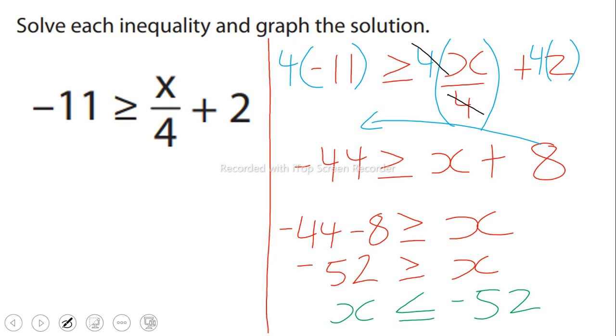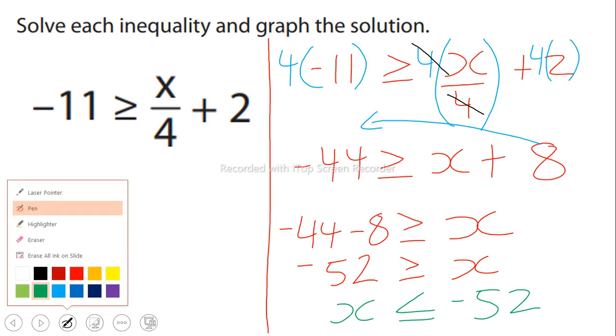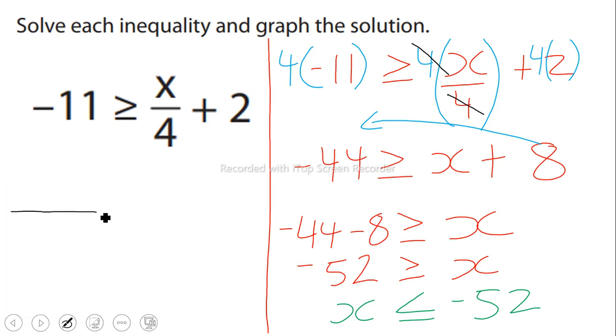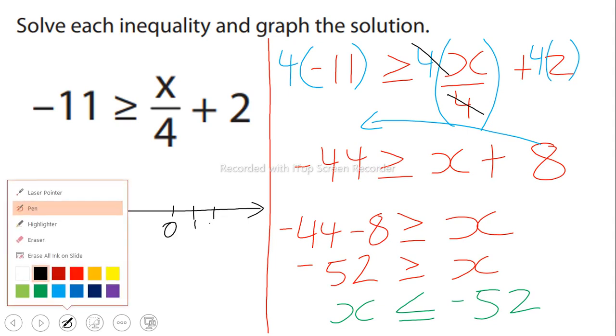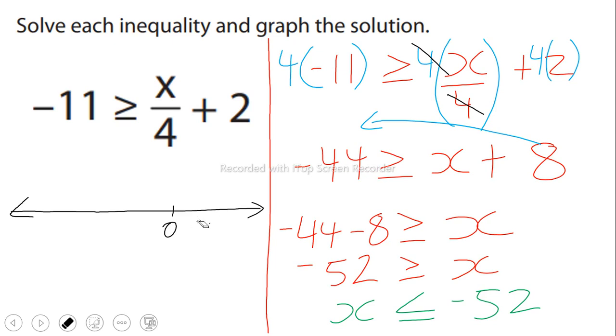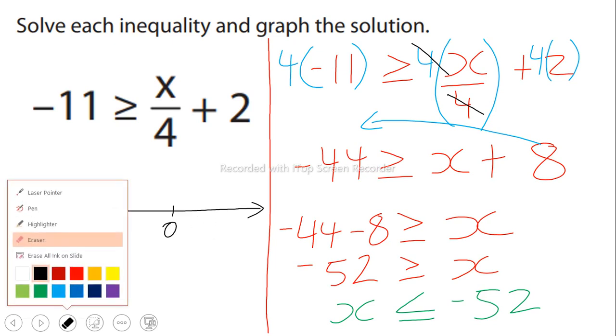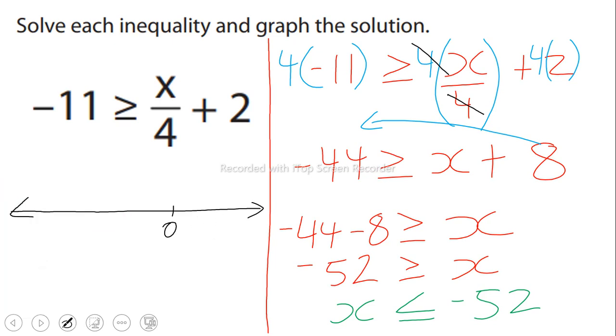All right? So let's put the inequality on the number line. So we have our number line, and on this number line we have 0. Let's just put 0 there. And let's say we have a negative 52 here.